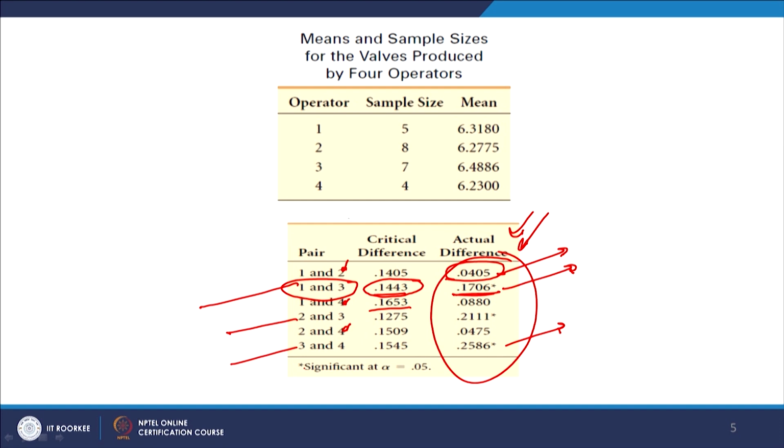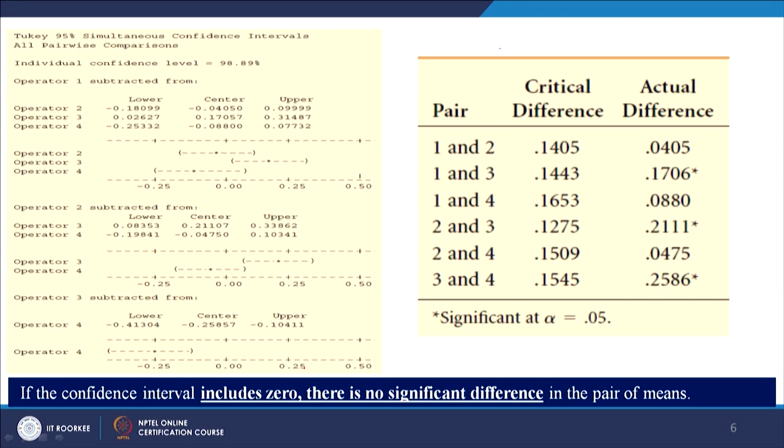So, this is how you can solve a question like this, and this is the computer output. When I say computer, it means you can use any software, be it SAS, Minitab or SPSS, right. If you look at this output, let's compare group first and second, or operator 1 and operator 2.